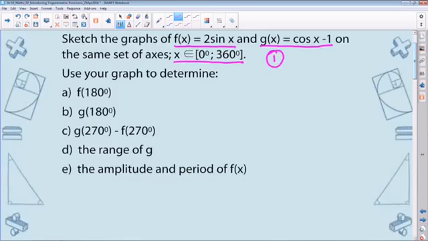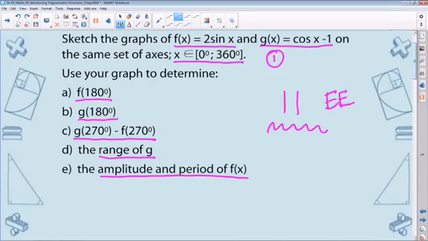The second part of our question says use our graph to determine f of 180 degrees, g of 180 degrees, and then g of 270 degrees minus f of 270, the range of g, and the amplitude and the period of f of x.